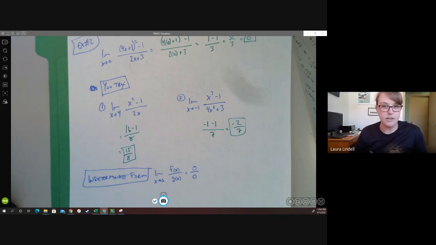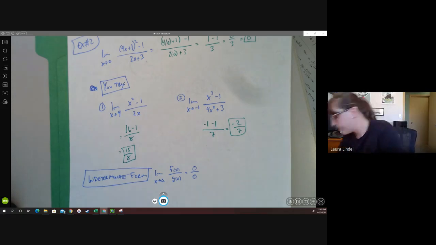So usually those steps involve either expanding or factoring or rationalizing the numerator or the denominator. Today we're going to look into expanding and factoring a little bit. Tomorrow we'll look a little into rationalizing the numerator or the denominator, since that takes a little bit more stepwise sometimes. So anyway, I'm going to need another piece of paper.